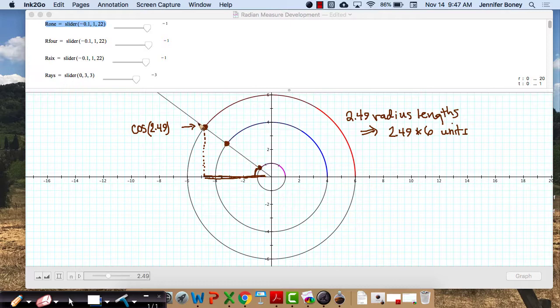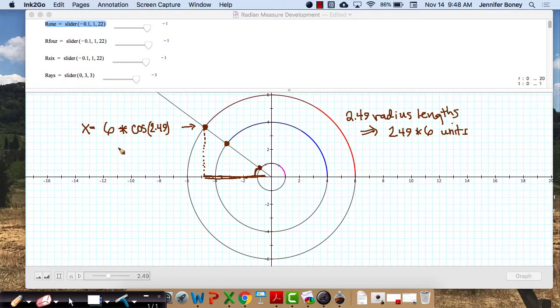If I want to scale it up to a larger circle, just like this arc length, I just multiply it by the size of the radius. This circle has a radius of 6, so 6 times the cosine of 2.49 is the horizontal coordinate of this point. This would be a negative number. You can put it in a calculator in radian mode and see that it looks to be like -5-ish.